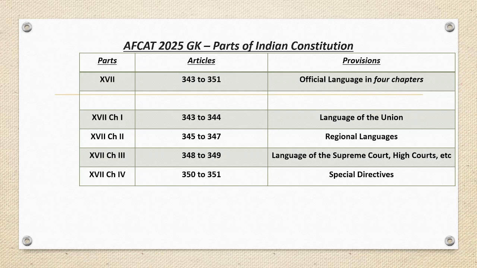And part 17 is further divided into four chapters. This part 17 deals with official languages. There are several previous year questions on these parts, and all those previous year questions and also important questions we are going to discuss further in this lecture.